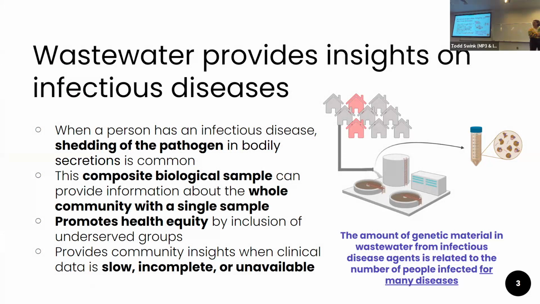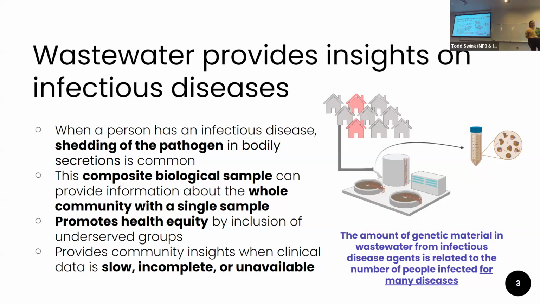So the basic premise is that we can get insights at a community level about infectious disease because when a person is infected with an infectious disease, they're going to shed it in their bodily secretions, right? That's kind of how infectious diseases spread a lot of the time. So it's understandable, but there are also a lot of ways that we shed viruses, bacteria, fungi, their components in parts of our bodily secretions that maybe aren't even associated with onward transmission.